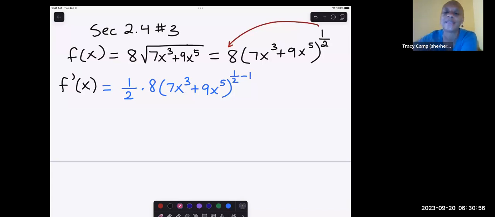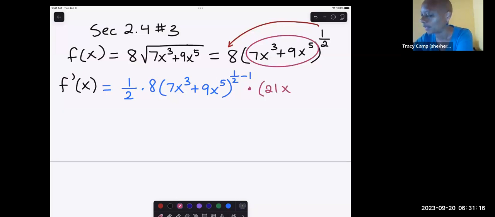It was 7x cubed plus 9x to the 5th raised to the power of 1/2. So because it wasn't just an x being raised to the power, we have to use the chain rule, which means multiply by the derivative of this thing, which is 21x squared plus 45x to the 4th.